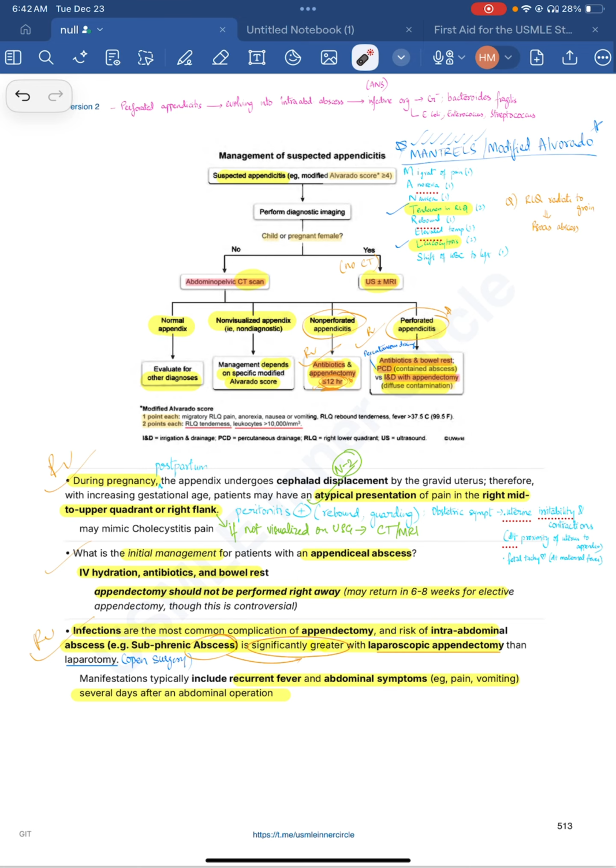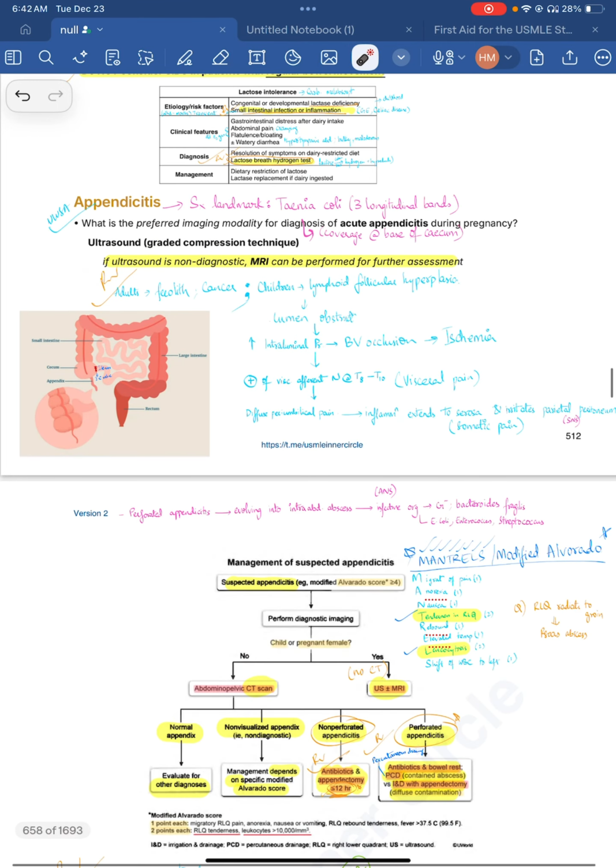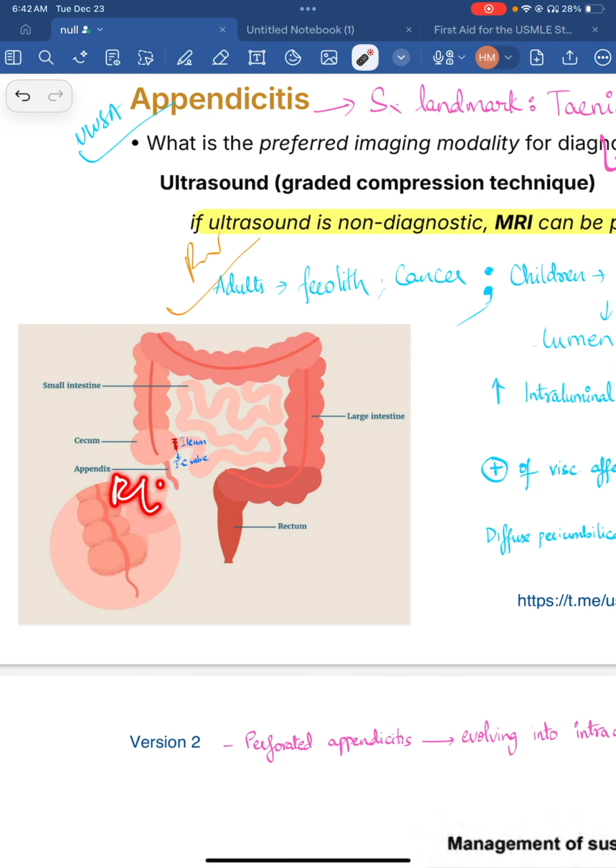Some other points that you need to know: during pregnancy and postpartum, the appendix undergoes cephalad displacement by the gravid uterus. Therefore, with increasing gestational age, patients may have atypical presentation of pain in the right mid to upper quadrant or right flank. Basically, what this sentence is trying to say is usually the appendix is in the right lower quadrant, right?